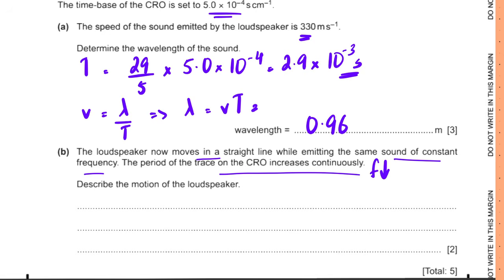So the frequency is decreasing. So also the frequency is not just less, it's also decreasing, right? So if the frequency was just less, I would say that it's just moving away at constant speed. But because the frequency is continuously decreasing, that means it's speeding away from the microphone.